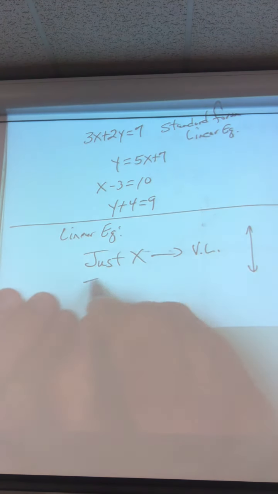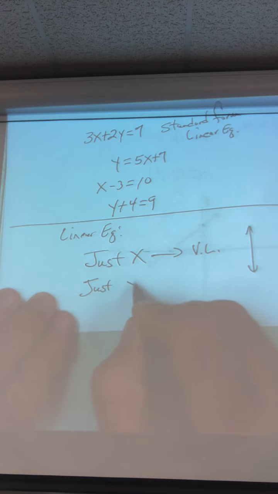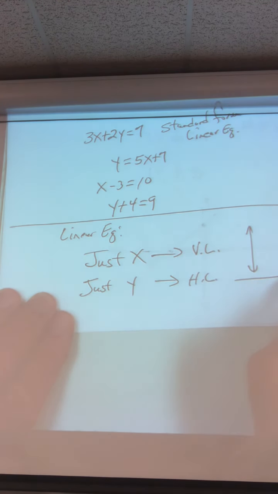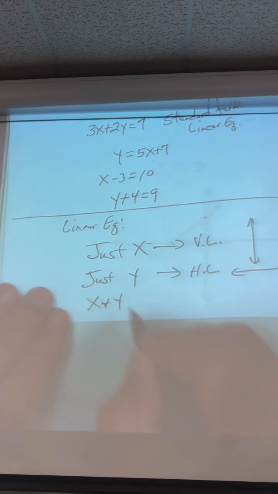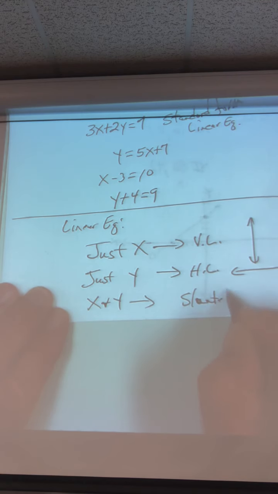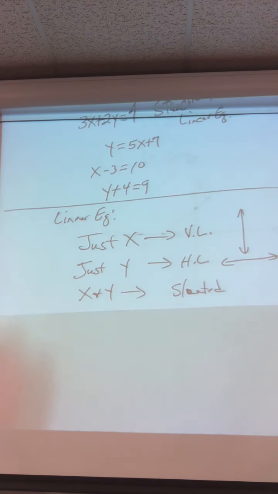If it has just a y in it, that's a horizontal line. That's flat. But if it has an x and a y in it, it's going to be slanted. Okay, so you can pause that if you need to.